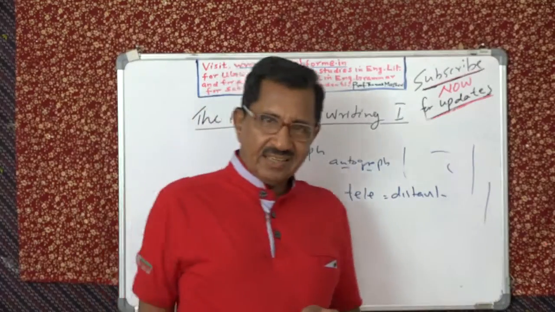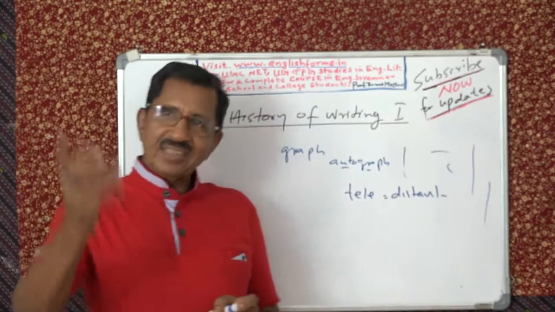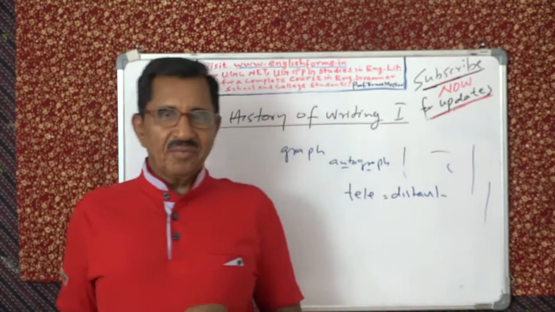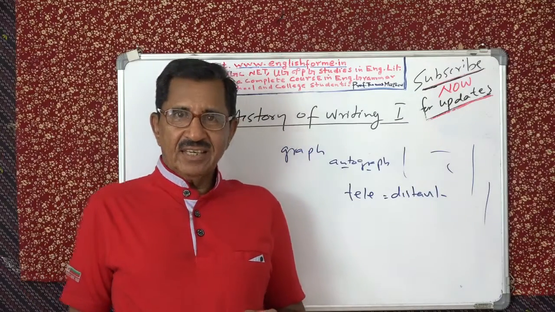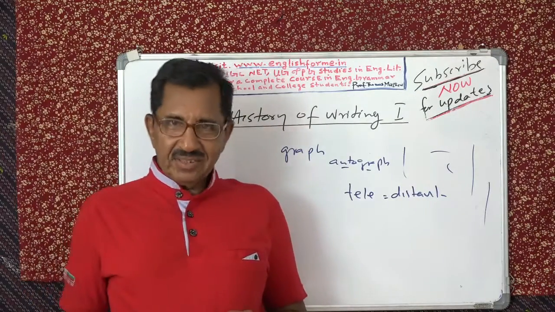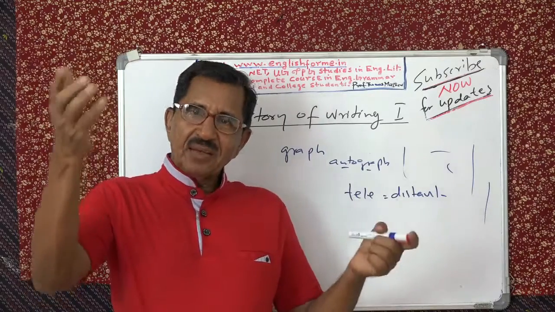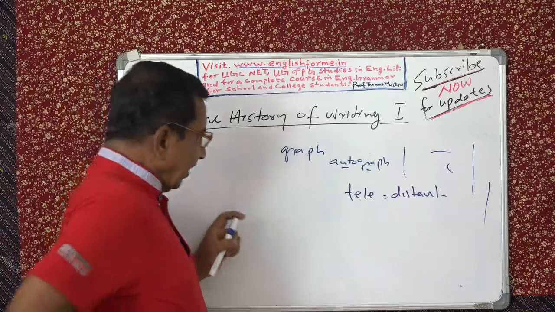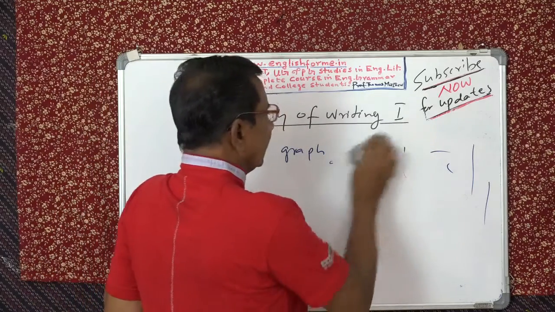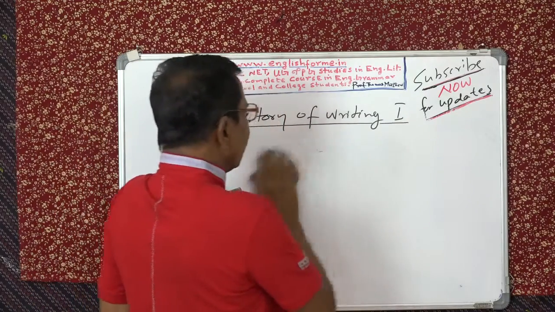Telegraph, distant writing. Far away place, the writing will go. Television, distant vision. That means somewhere something is happening, we are seeing that here. So graph means writing.